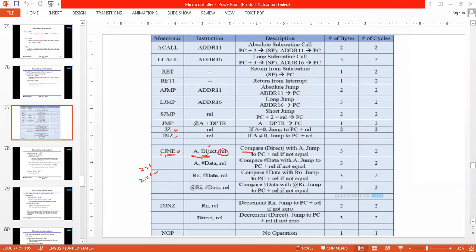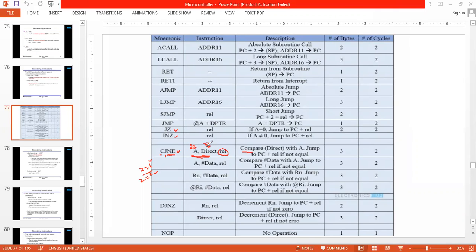If both values are equal, then Z will go to 1 because the result is 0. A minus the value from the address. Say suppose 22 is here.